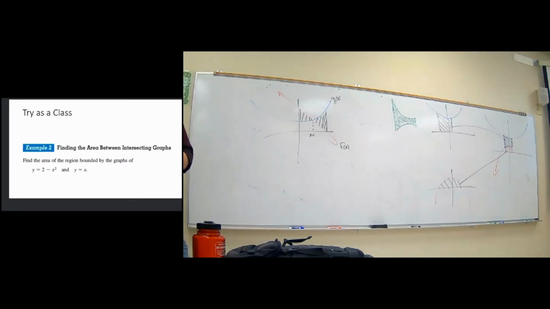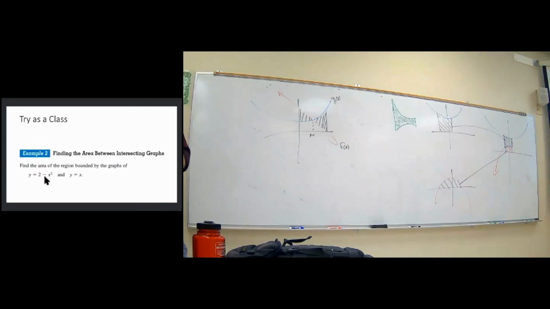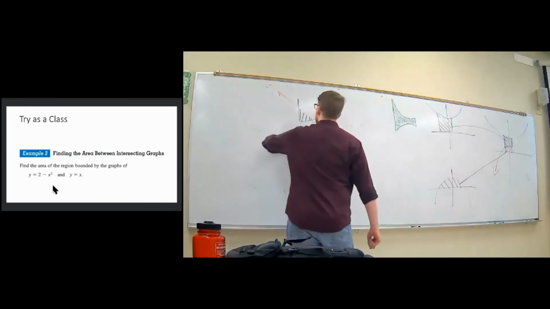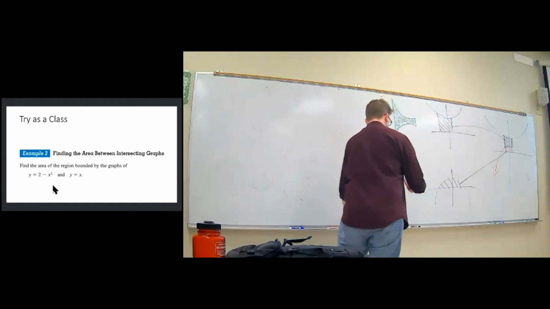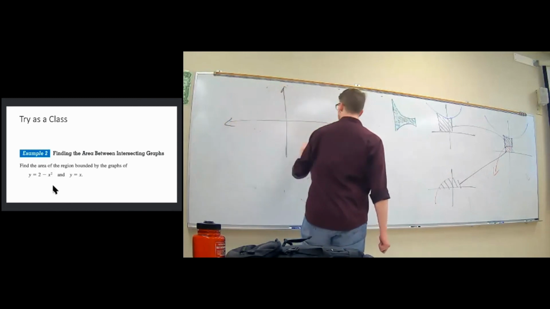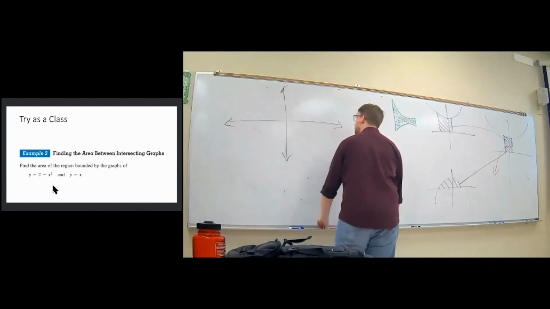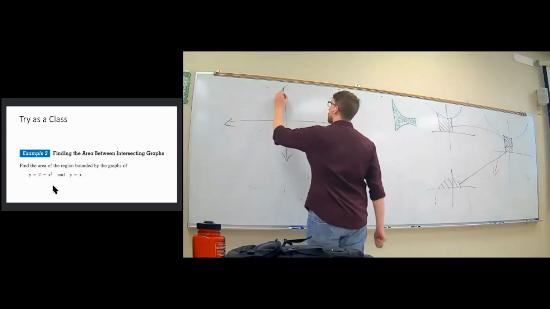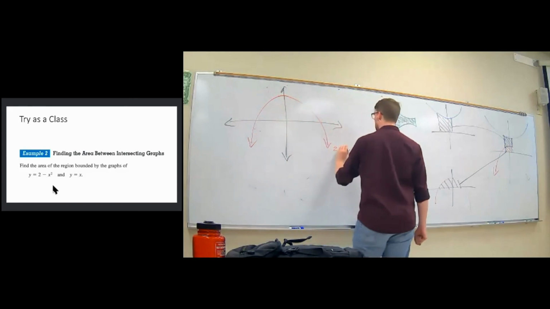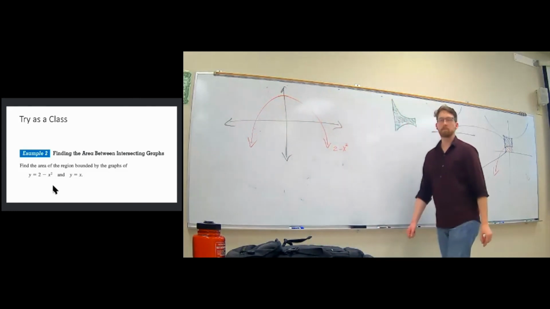All right, now what about something like this? This is 2 minus x squared and x. First and foremost, what does this function look like? Well, this function, excuse me, 2 minus x squared, looks about like that, right?